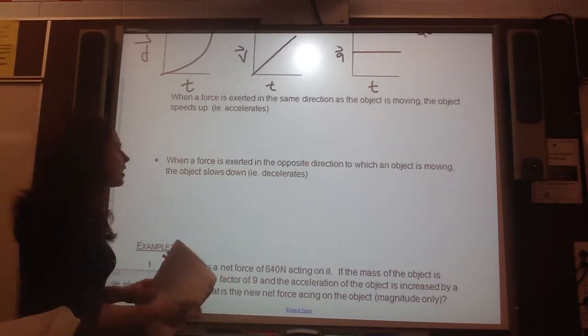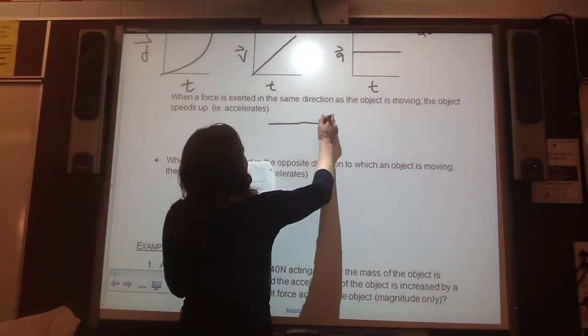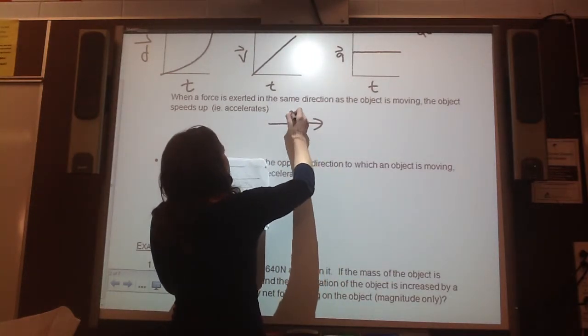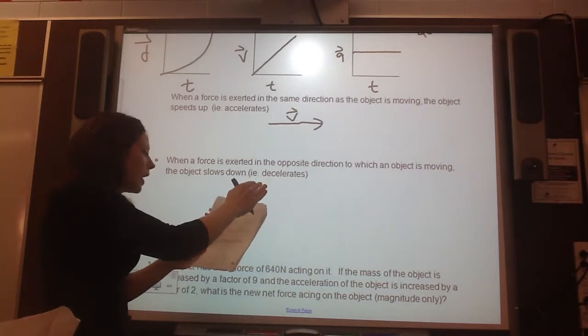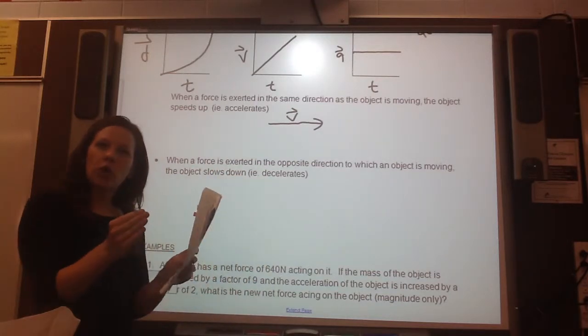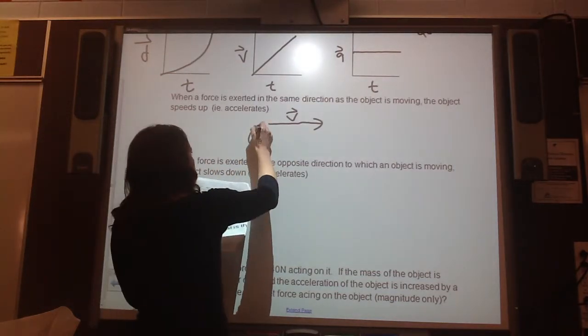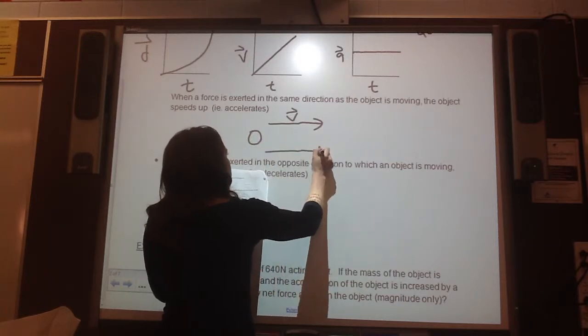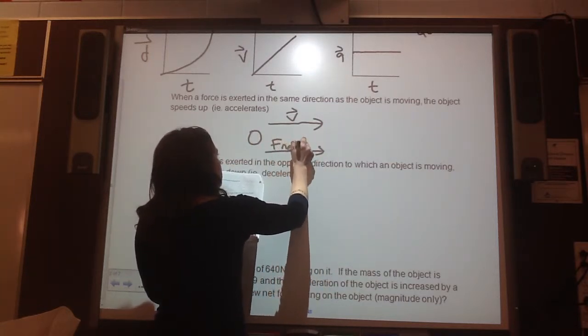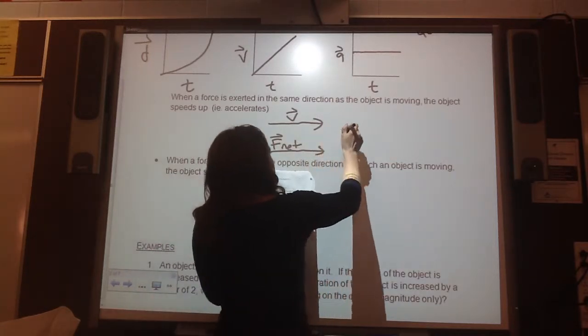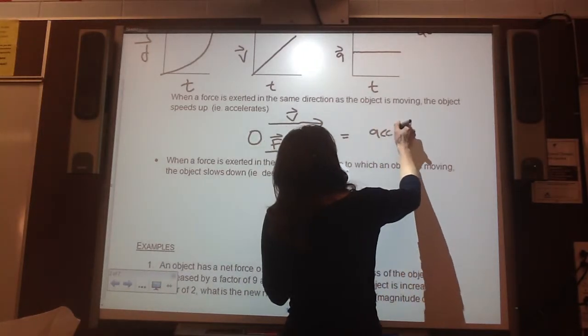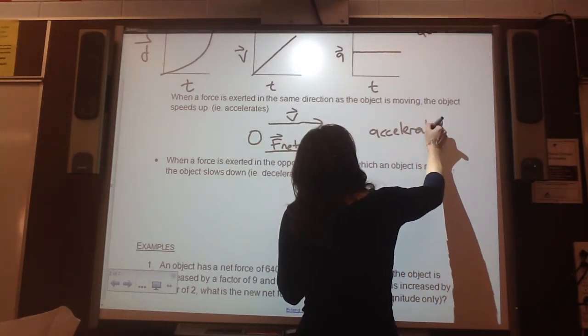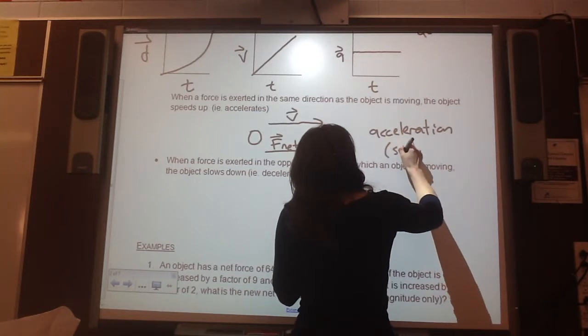Okay, so our V goes the same way, and now we're talking about the force on an object, so I'm going to write down F net, and this equals acceleration. This is speeding up.